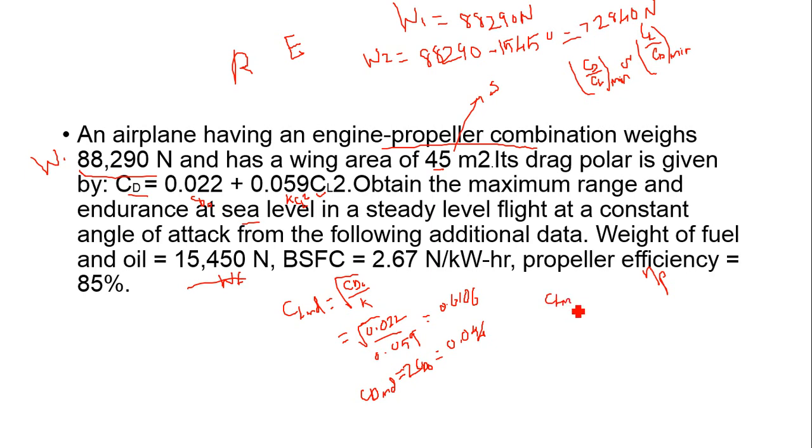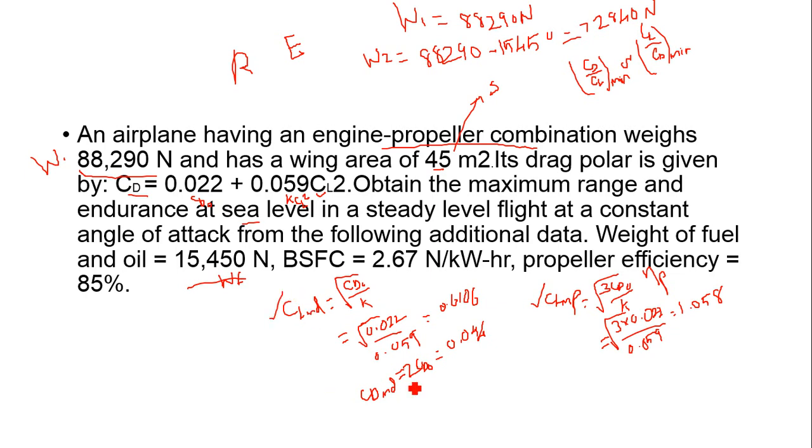CL at minimum power, CLMP, is equal to the square root of 3 CDO divided by K. So the square root of 3 into 0.022 divided by 0.059, which equals 1.058.